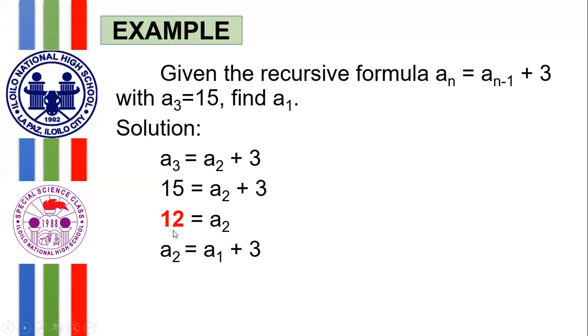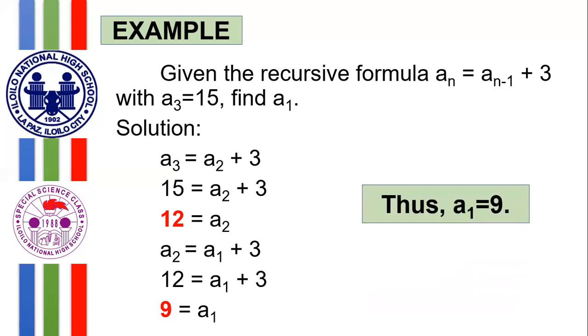So by substitution, you have 12 equals a sub 1 plus 3, and subtracting both sides by 3, that gives you the value of a sub 1 or the first term as 9. Thus, the first term is equal to 9. All right. I hope you got it.